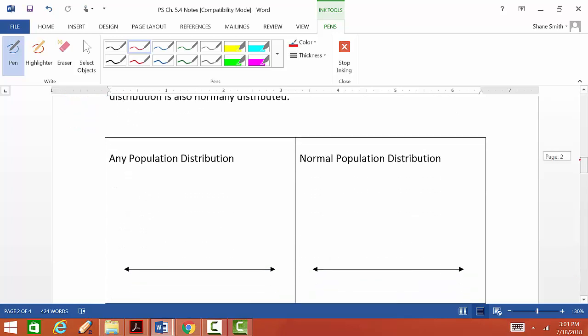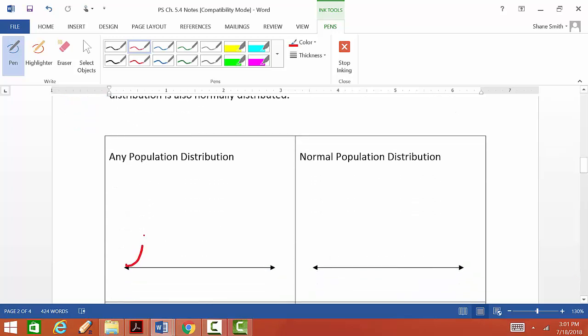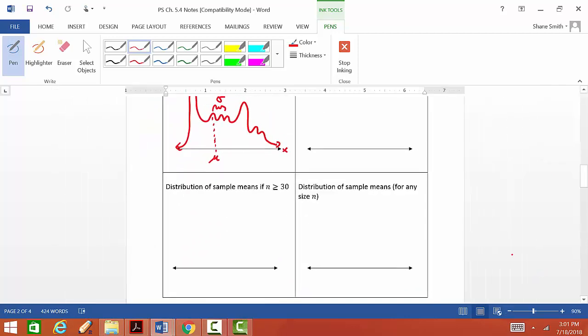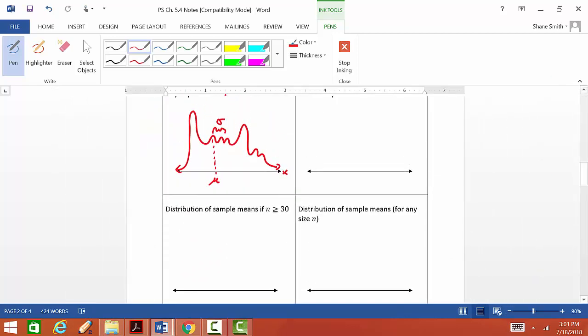So what this means, let's say we have a population distribution that just looks really weird. I'll put an X here, and let's say my mean is mu, and this is my standard deviation. I just drew a really weird population.